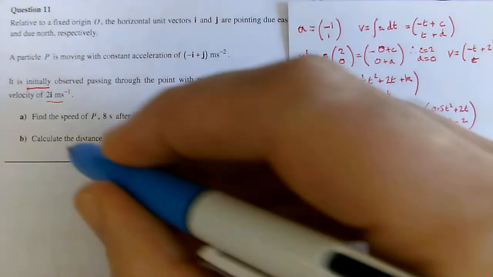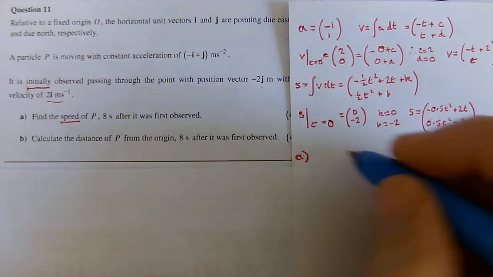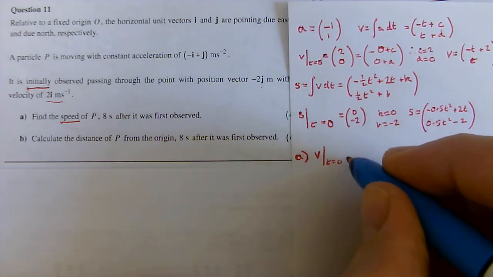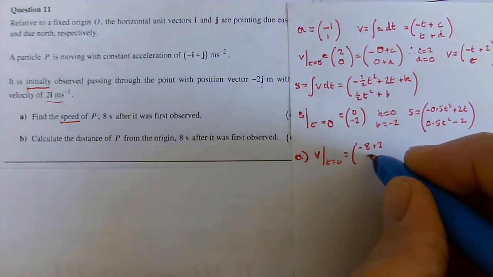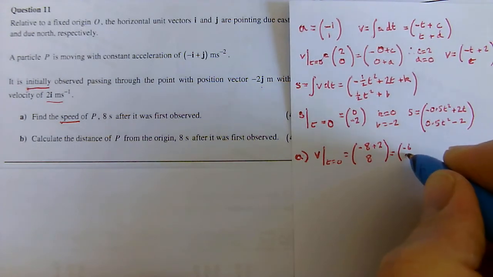Now, remember it's asking us for speed, so we're going to have to find the velocity first and then find the magnitude of the velocity. So, velocity at t equals 8 equals minus 8 plus 2 and 8, which is negative 6, 8.